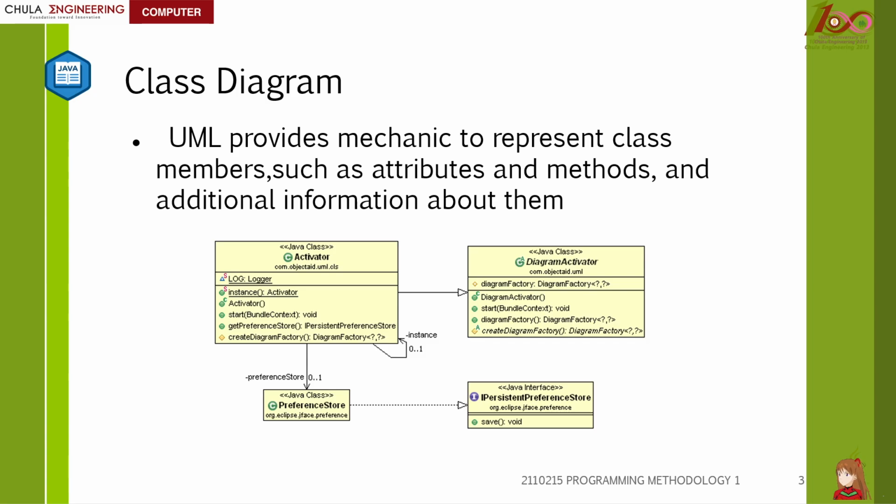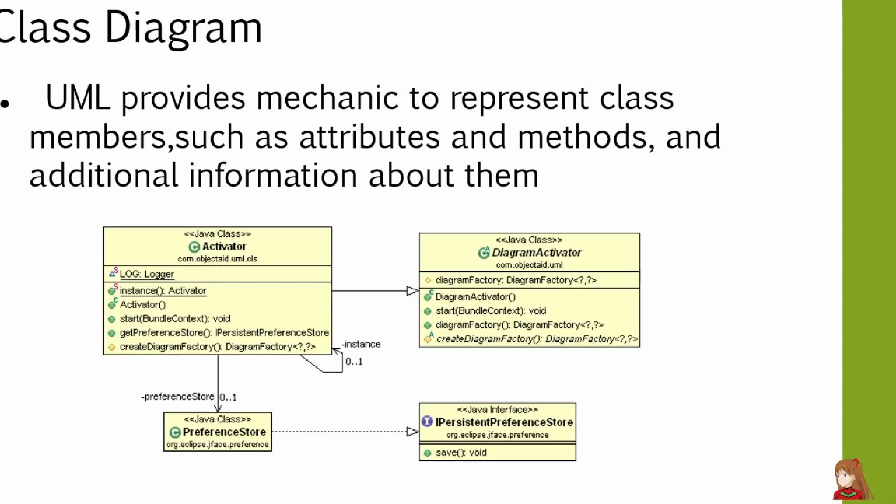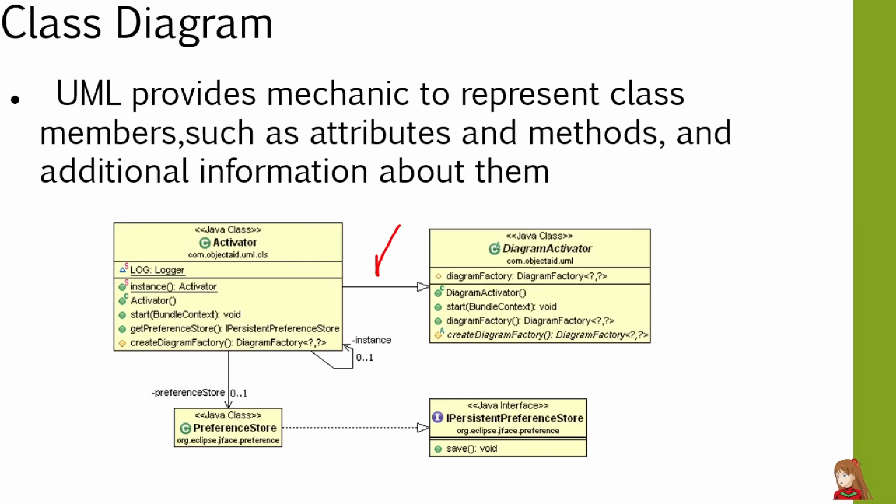For example, here we have abstract class DiagramActivator, which is a superclass of Activator. Right? The arrow here shows that DiagramActivator is a superclass of Activator. And here is a normal arrow.